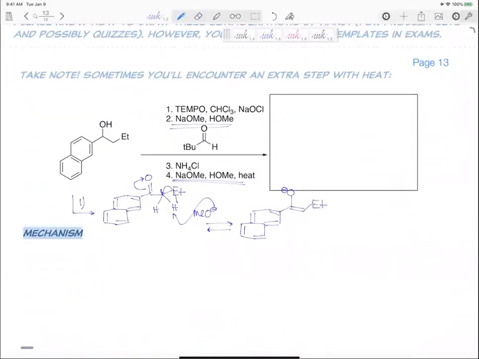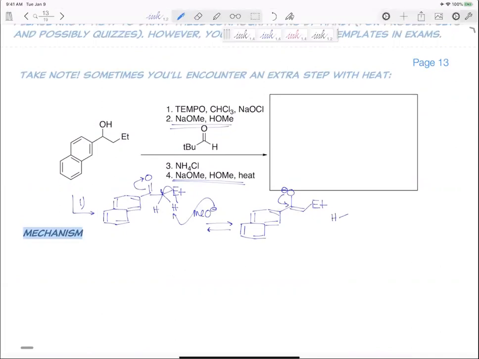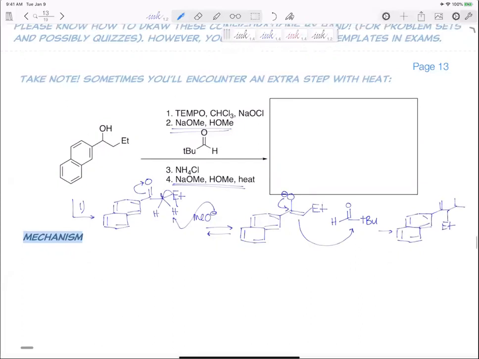Okay. And then what I'm going to do is to have an Aldol condensation here. So same process. Okay. Just draw it here.